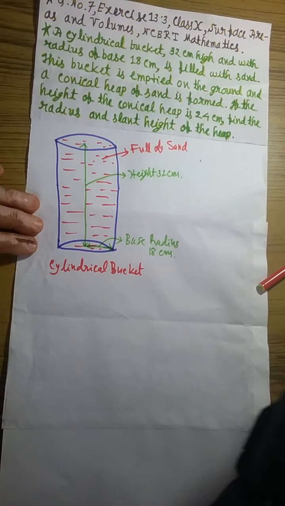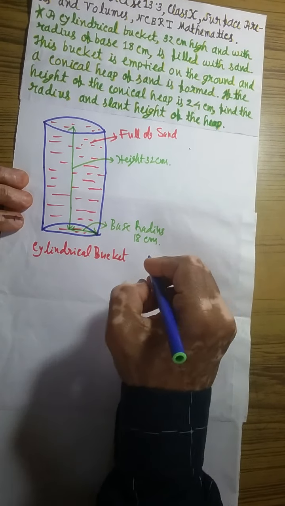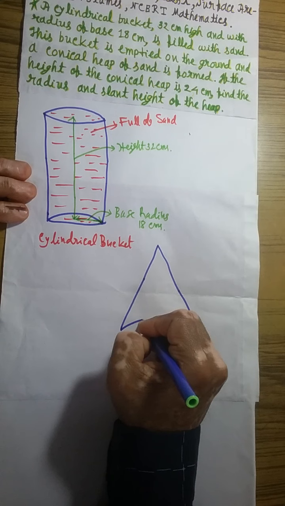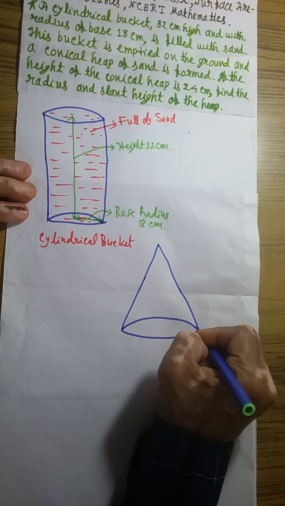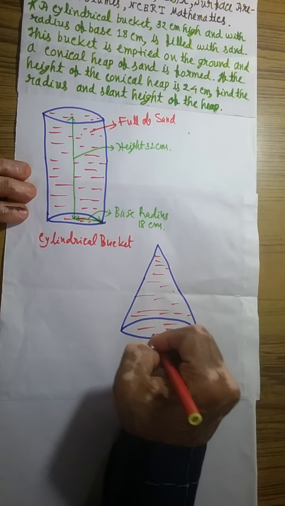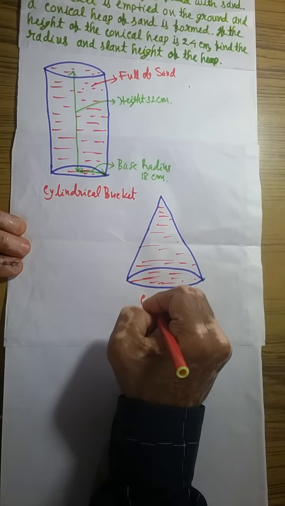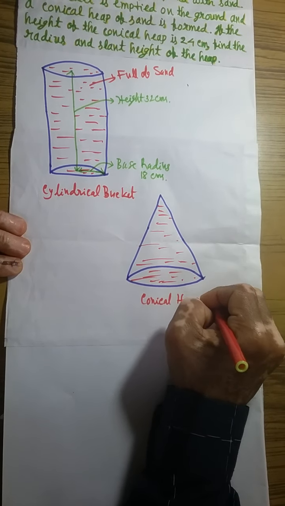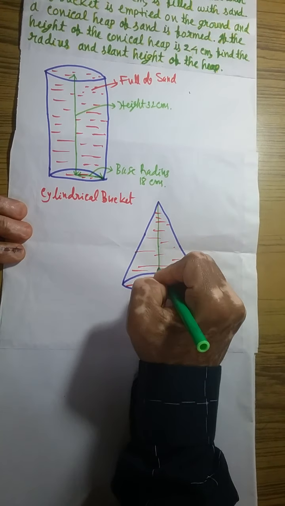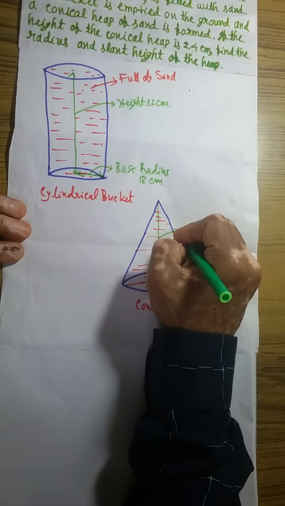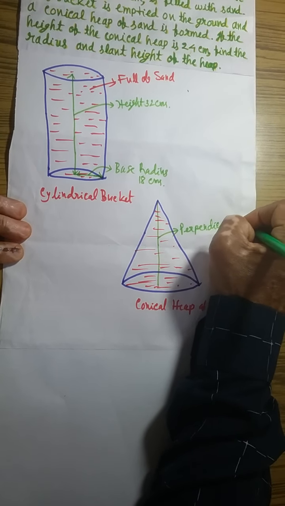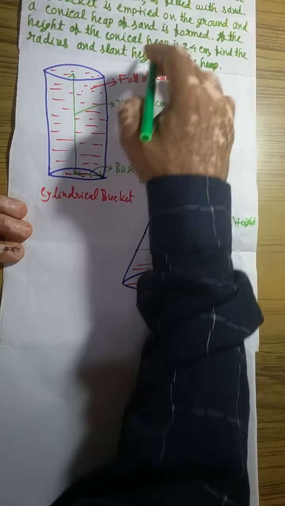Now let us draw another diagram. This one is the conical heap of sand, and according to the question, the perpendicular height of this conical heap is 24 centimeters.